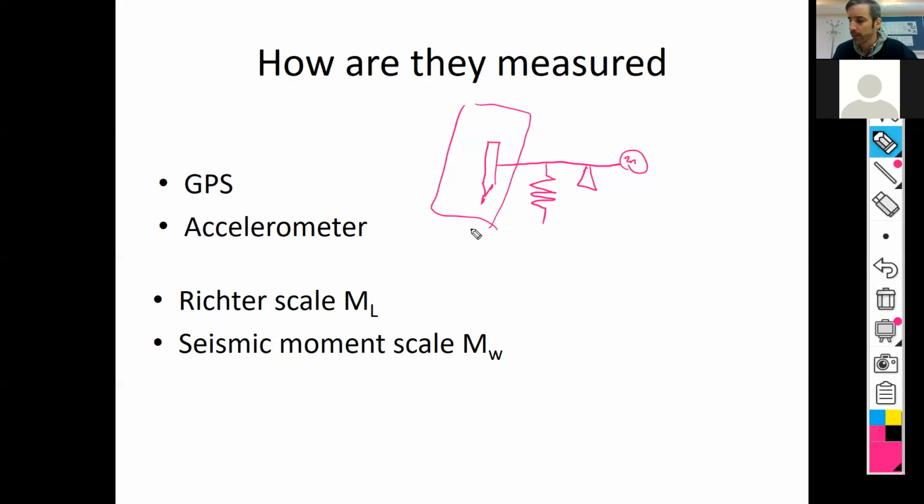And earthquakes are classified nowadays according to two scales.